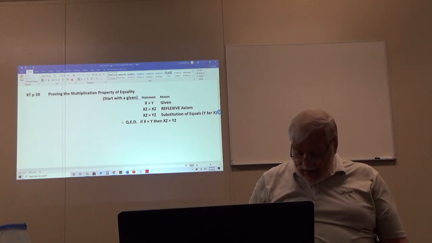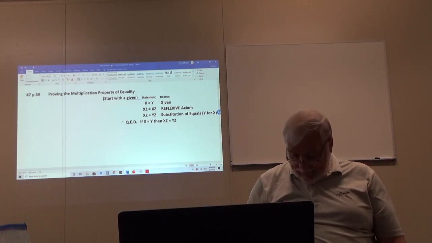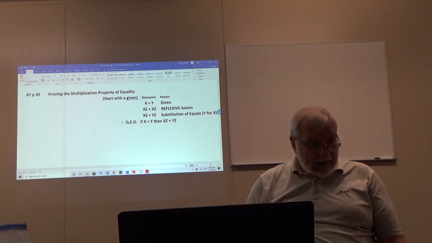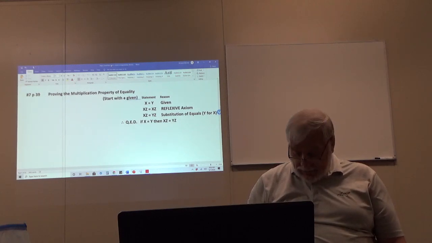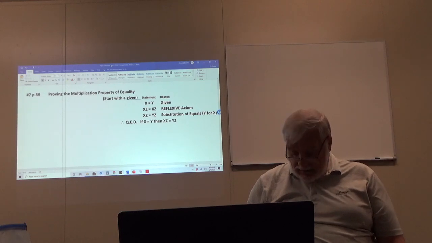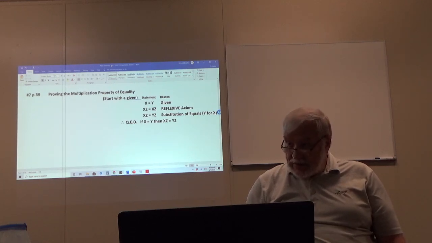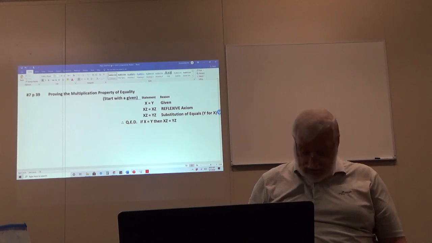All right, what happened in 13b? They succeeded. They added it. All right, what did they do to make those big brackets? You notice they associated? They associated the first two, and they multiplied both sides by 1 over y. So that's the multiplication property of equality.